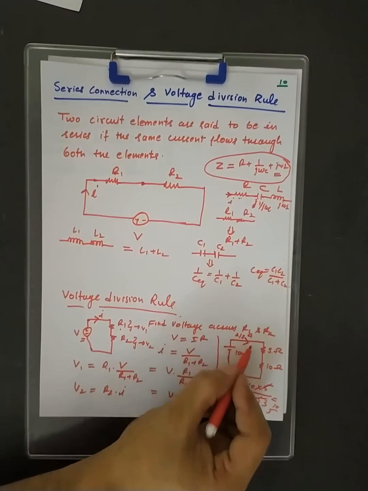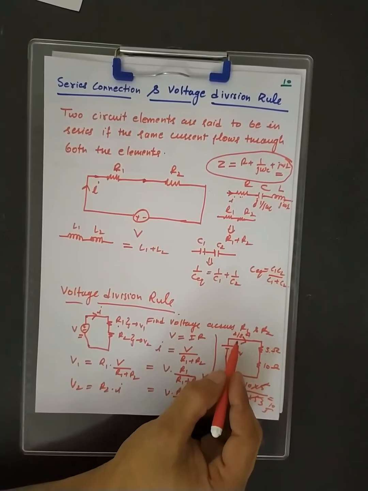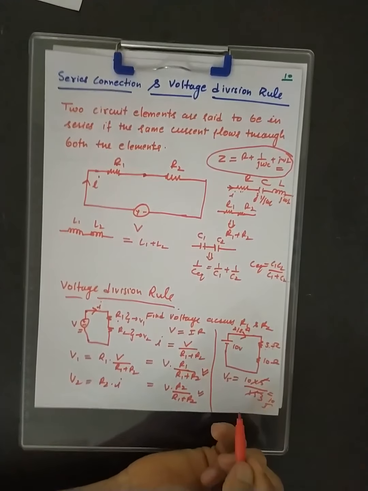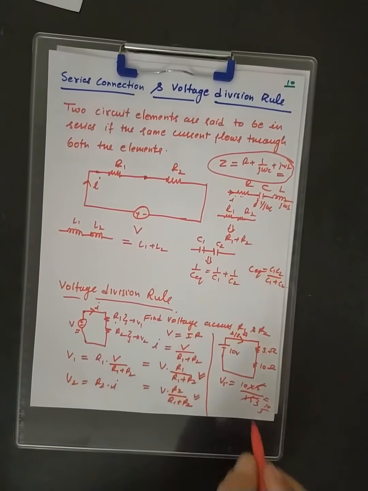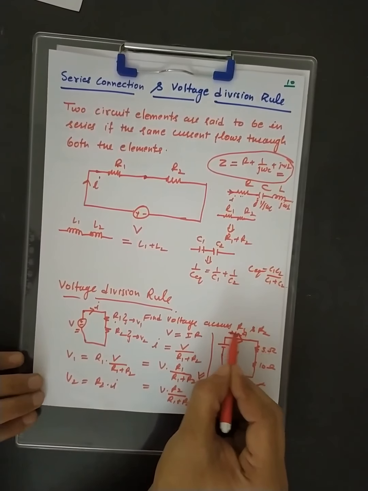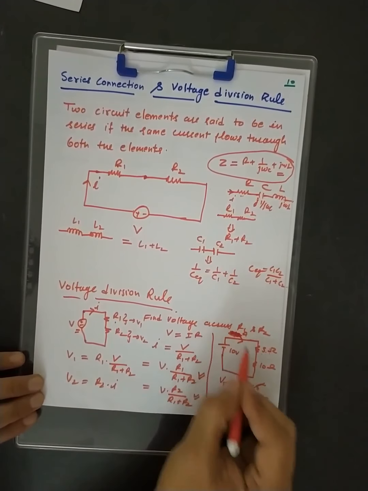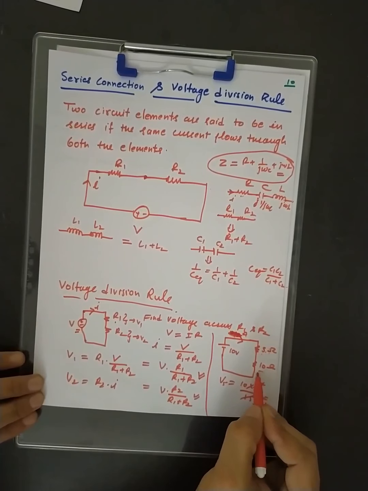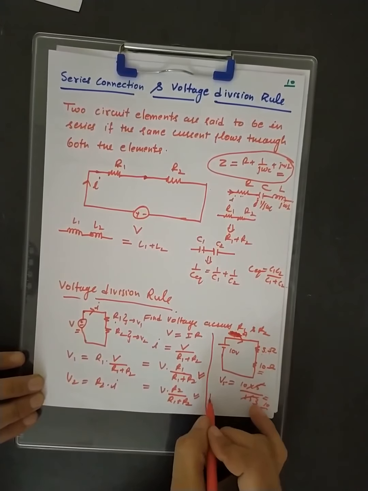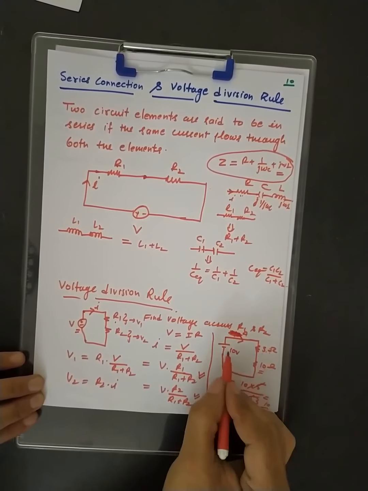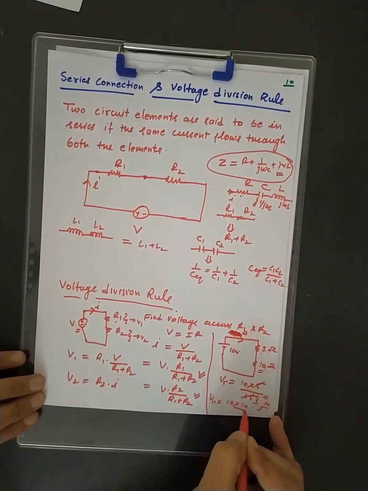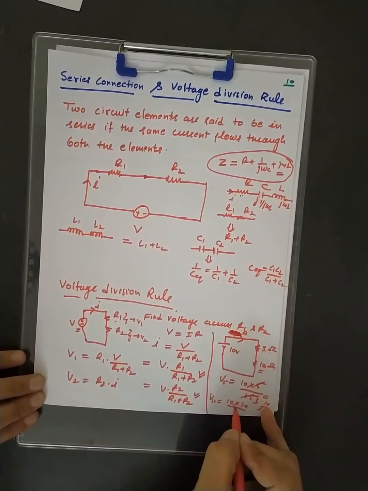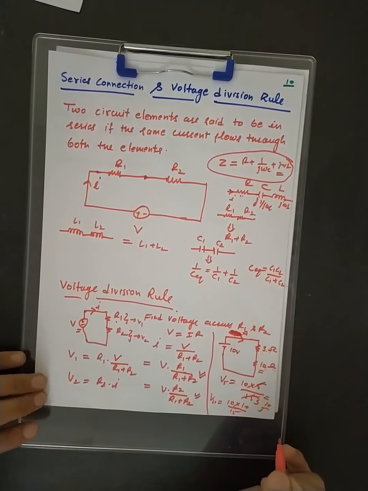No need to find out current. Directly you can find out the voltage, because you are not calculating the current. Again, suppose we have not calculated this current and we have to find out the voltage across the 10 ohm. Then directly you can write this voltage into this resistance divided by the total resistance of the series combination.